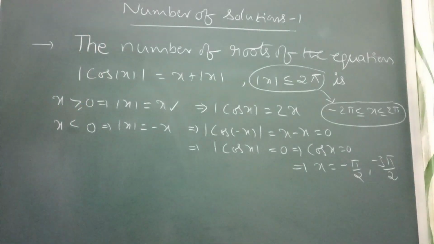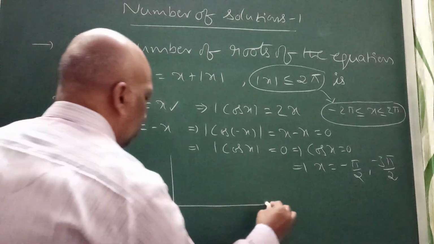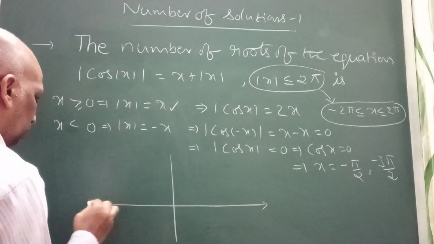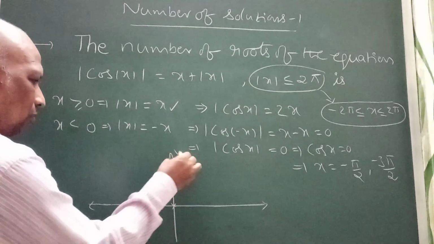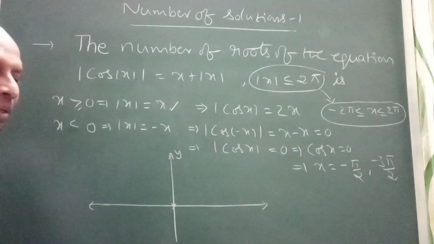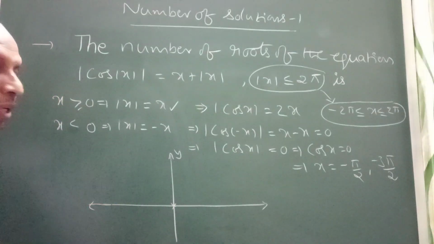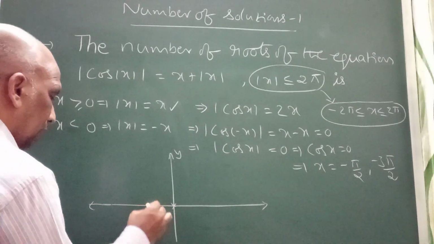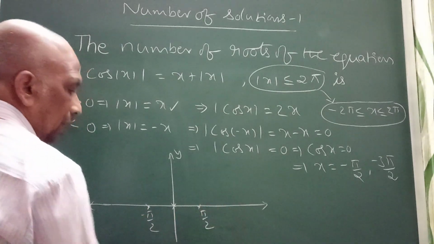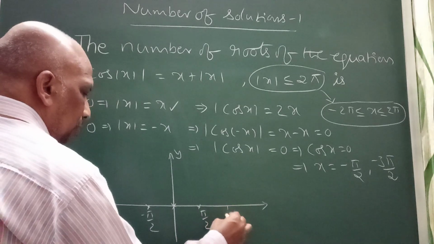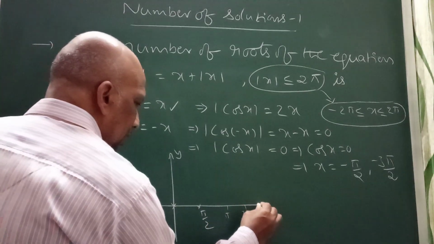Now think of the graph of cos x. When you are drawing the graph, passing through π/2, this is -π/2, π/2, π and 3π/2. I can extend the line, right?